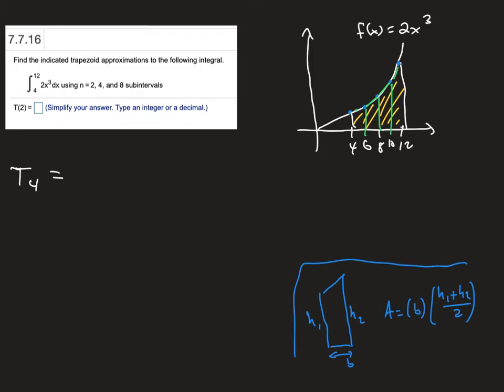the left. The base of it is 2, and then I want times the average height. Well, the height on the left side, the height over here, is just the y-coordinate of that point right there. The y-coordinate of that point is f of its x-coordinate. So the y-coordinate of that dot is f of 4.